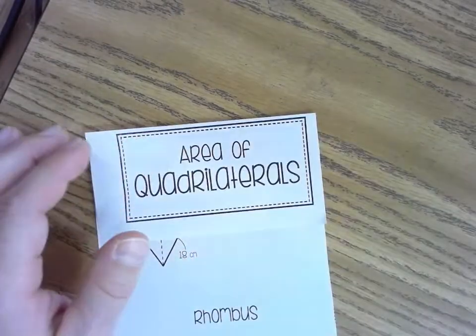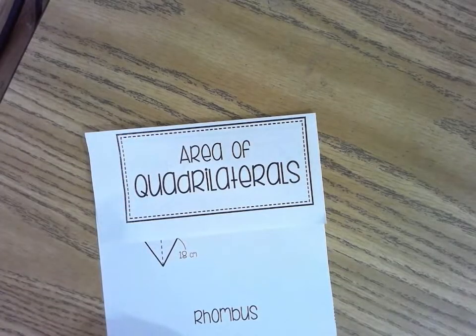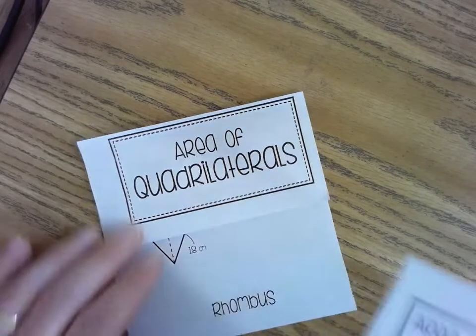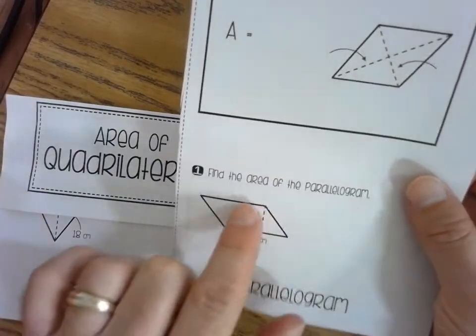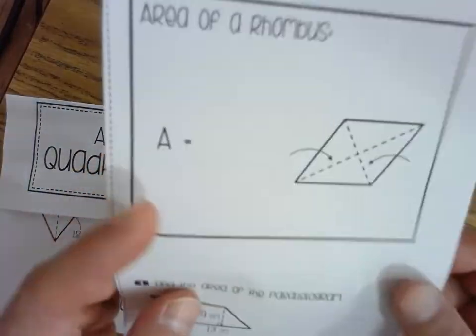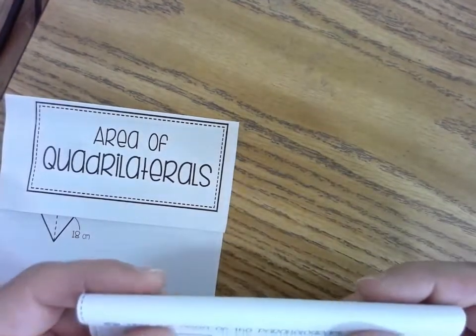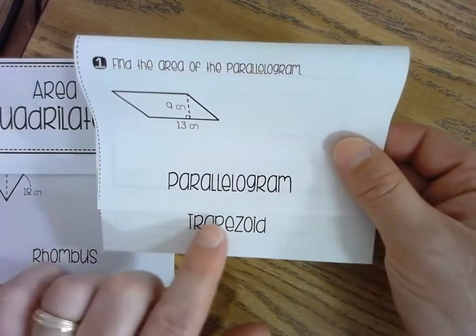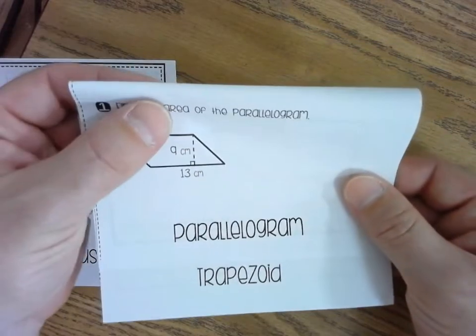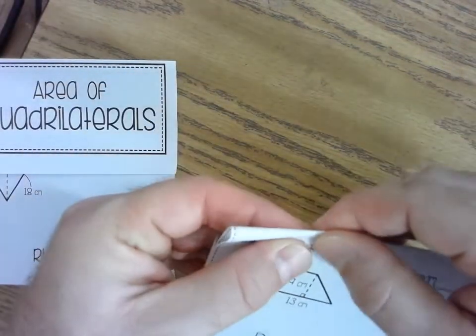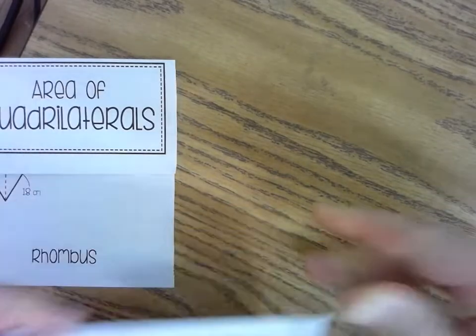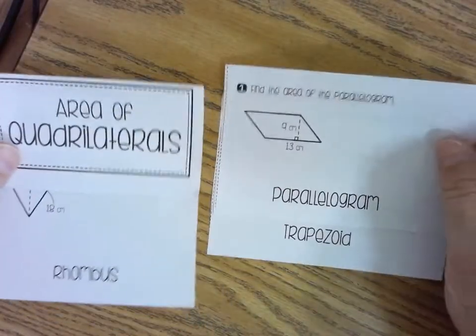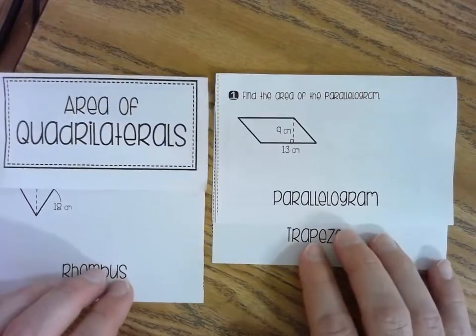Then you're going to take that on the inside and find this page where it says parallelogram at the bottom. You're going to fold that so that you can see the words parallelogram and trapezoid, and go ahead and fold that up there. So now you should have these two parts here. It should look like this.